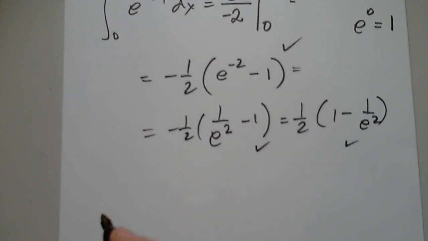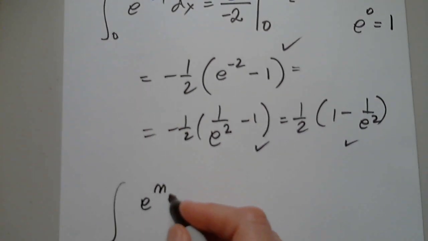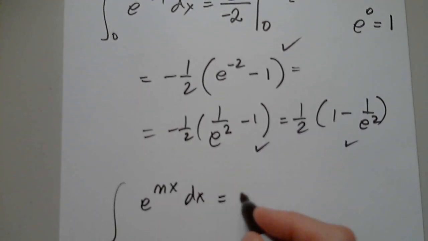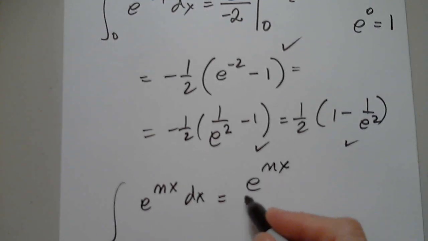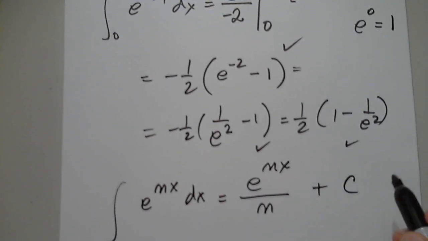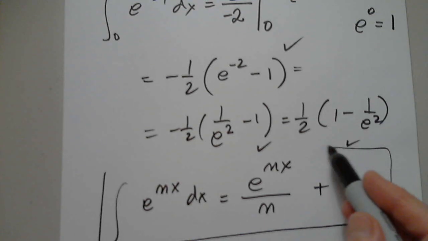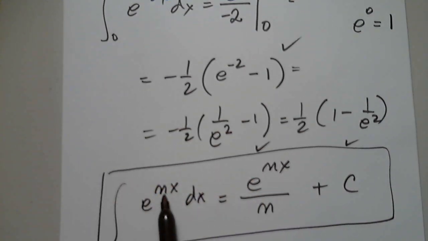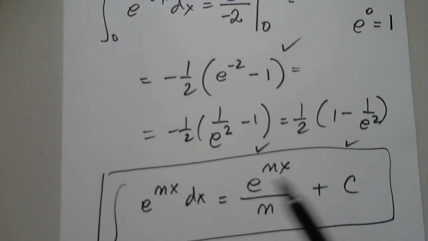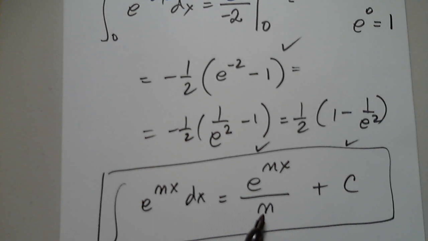So in general, when we integrate e to nx dx, we have e to nx divided by n plus a constant c. So if this is negative 2, then I have negative 2 here. If this is 5, then I have 5 here. If this is 10, then I have 10. Same thing.